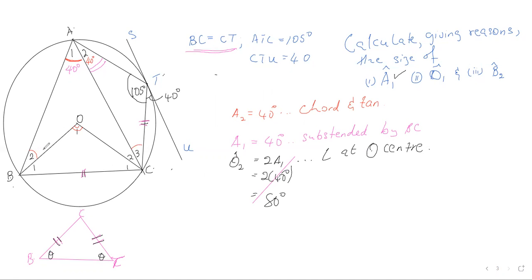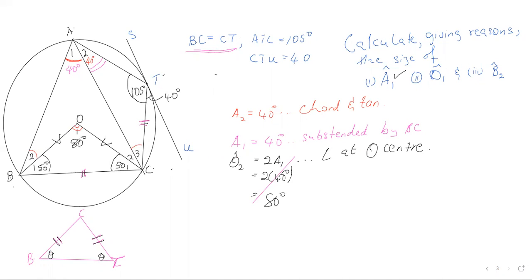Now, this angle here is 80, and this makes this angle here 50. This one here, 50, because this is the circle center, it means BO is equal to OC, and this makes an isosceles triangle again.